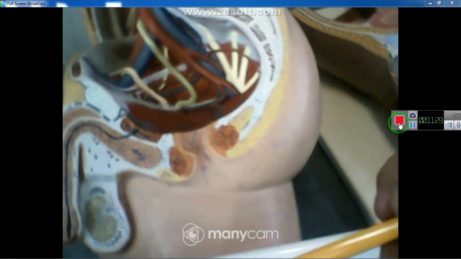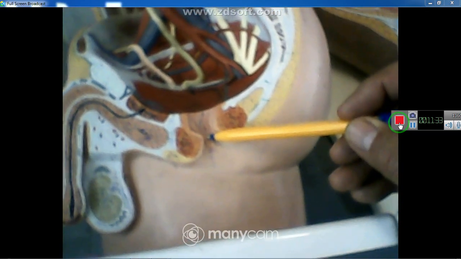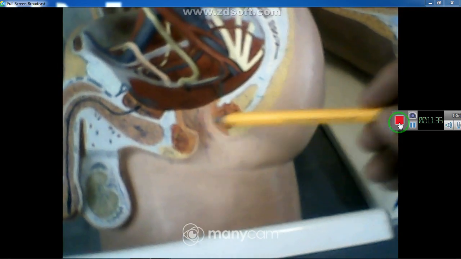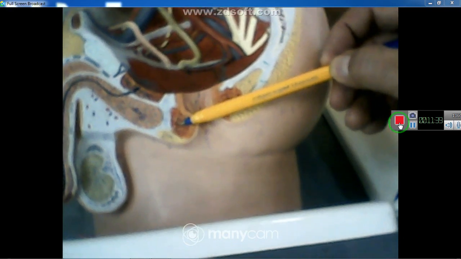Where is the perineum here? This is the anal canal, right? And this is the sphincter of the anal canal. So this is the perineum.